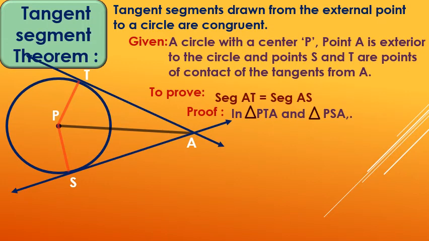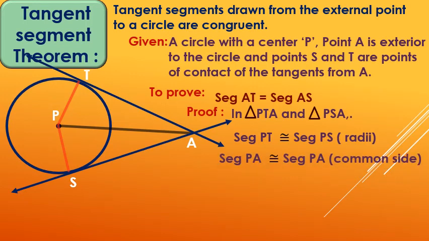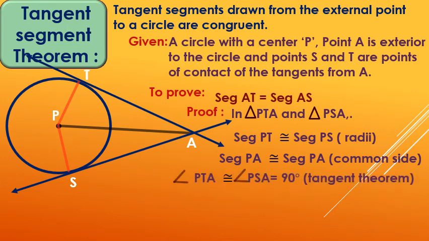Now you can see triangle PTA and triangle PSA. What is same there? Segment PT is congruent to segment PS because both are radii of the same circle. And here segment PA is common to both the triangles.